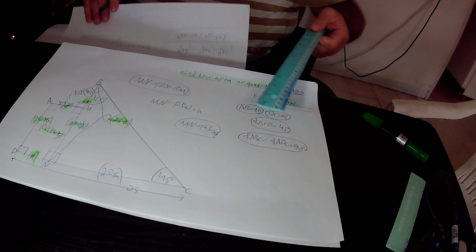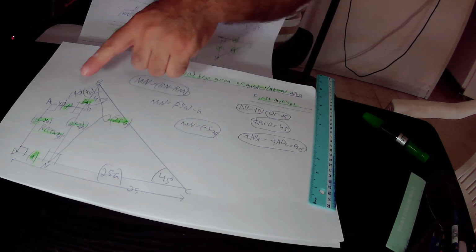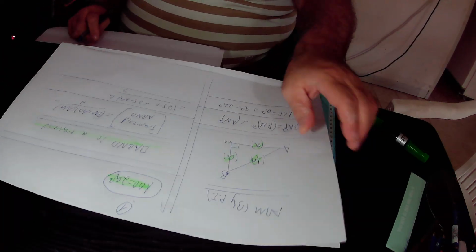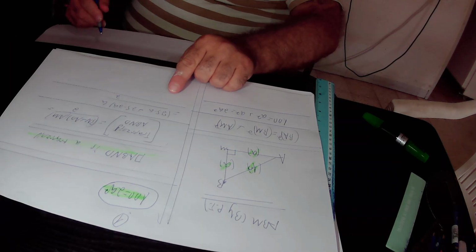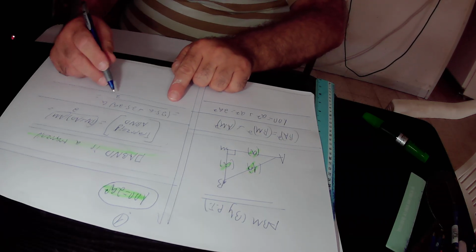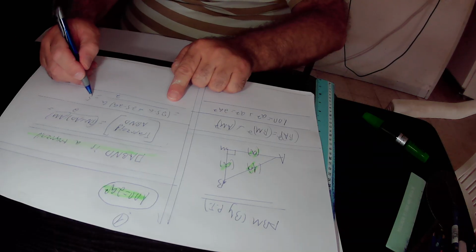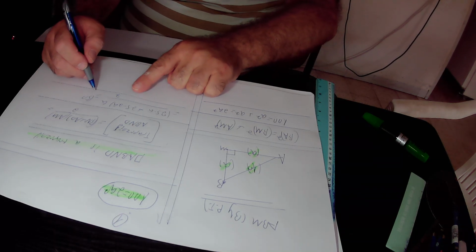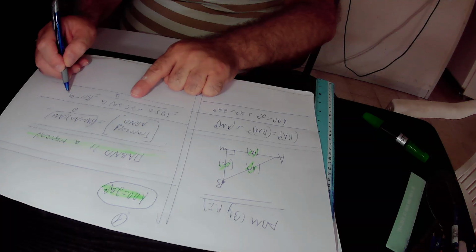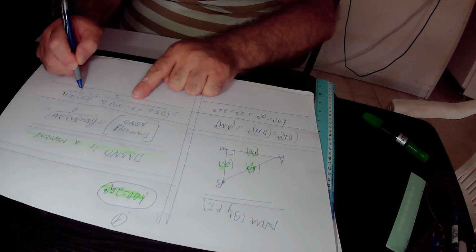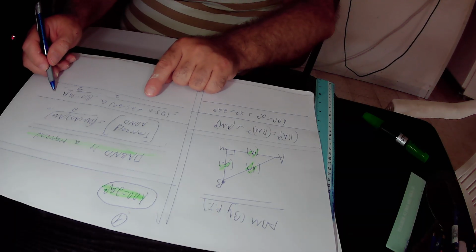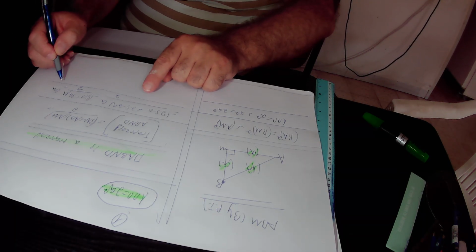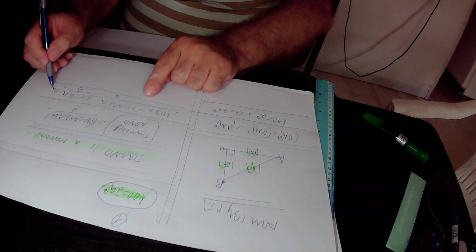So in total we found out that the area of this trapezoid ABND equals 25 minus A plus 25 minus 2A, times A over 2. 25 plus 25 is 50. Minus A minus 2A is minus 3A, times A over 2. 50 times A is 50A. Minus 3A times A is minus 3A squared, divided by 2.